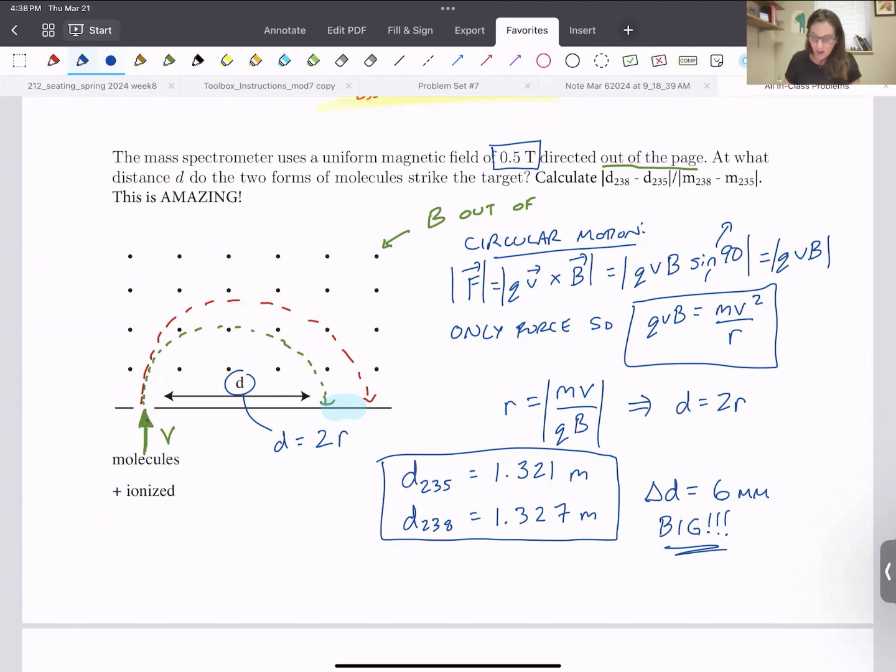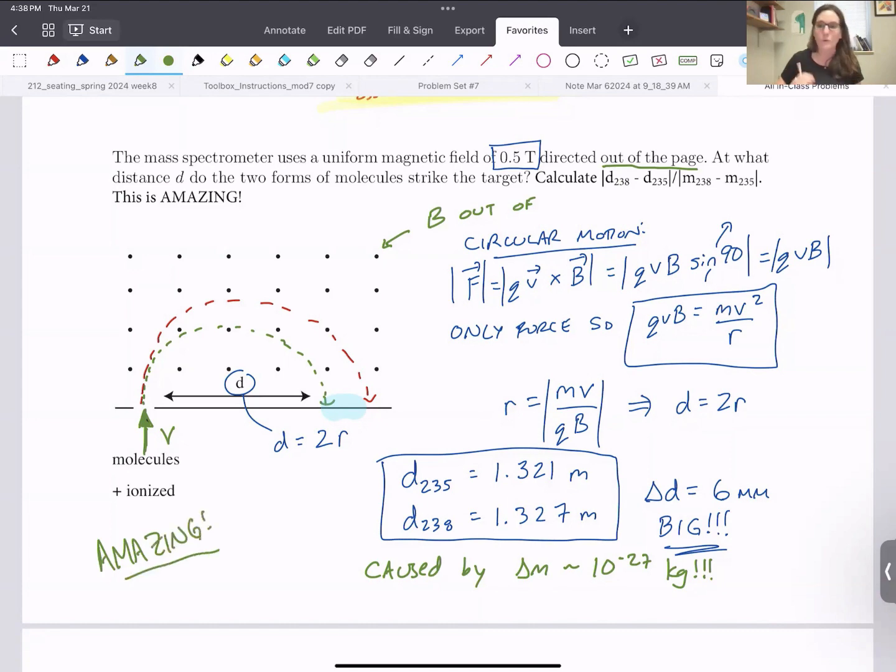And remember, this was caused by a delta m on the order of 10 to the minus 27th kilograms. So this tiny, tiny mass separation creates this very measurable quantity of distance. And that is really why we love this example.